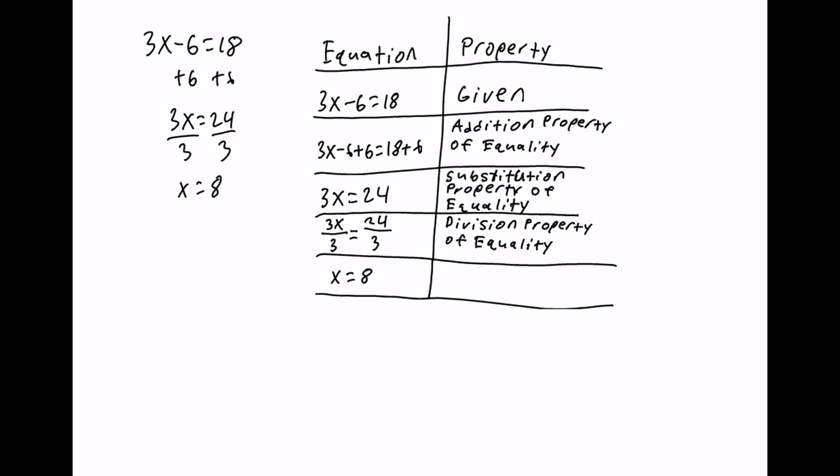And again, you just did the math out, so substitution property of equality. So it's the same thing we did last year, just with the steps written out a bit more and the properties of each. Other than that, it's the same process.